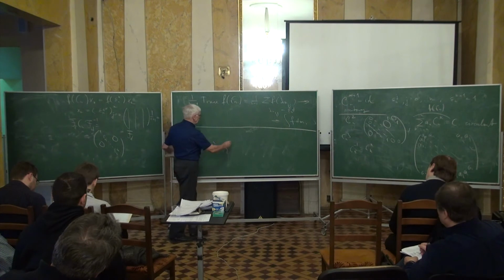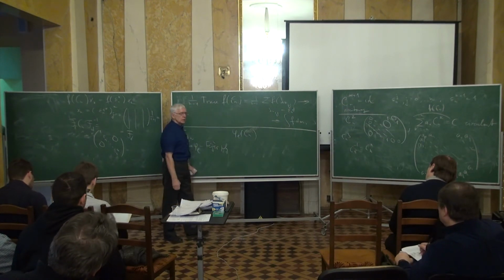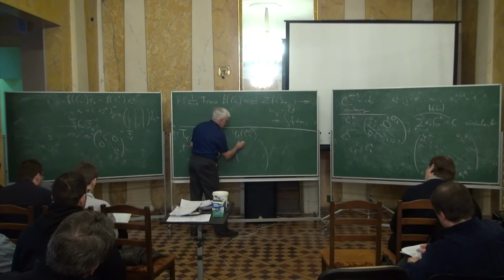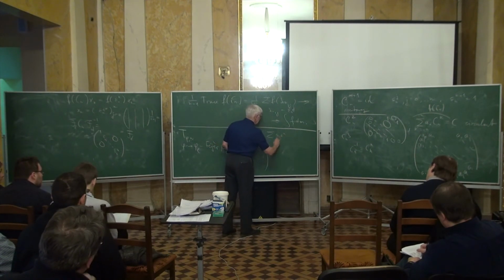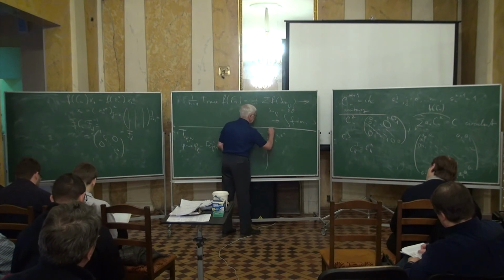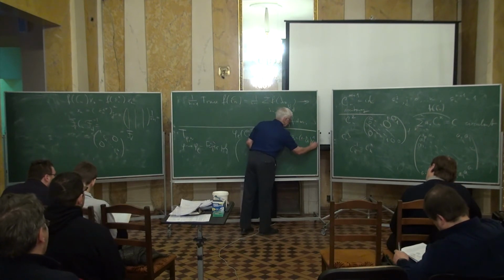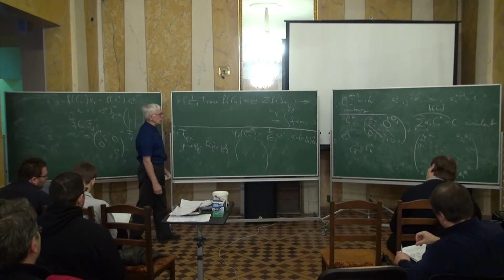And then we consider φ_L of C_n. What is it? φ_L is the summation of a_k z^k, from minus L to L, where a_k is equal to 1 minus |k| over L times φ hat k, because this is a Fejér polynomial.